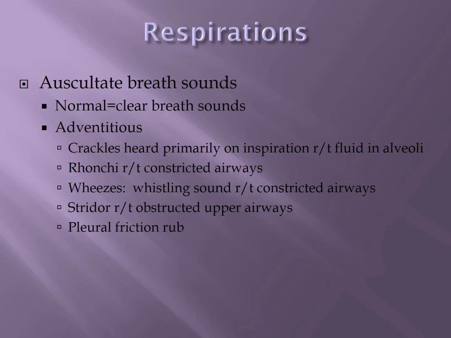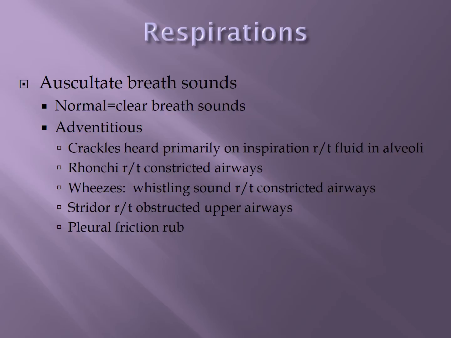When we auscultate for breath sounds, we auscultate in all areas of the lungs. When you hear adventitious sounds, crackles are generally due to the fact that there's fluid in the alveoli in the lung. Rhonchi and wheezes are due to constricted airways, like you might see in patients with asthma. A stridor is a very high-pitched, horrible sound that means typically we've got a laryngeal problem going on, and a stridor needs to be evaluated immediately.